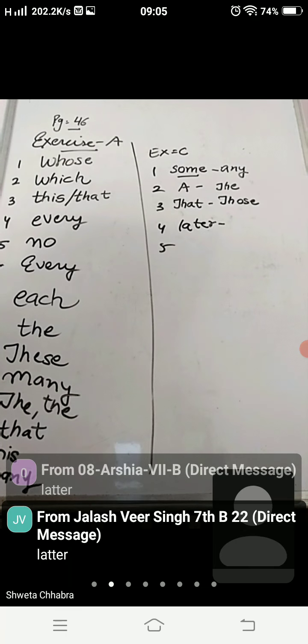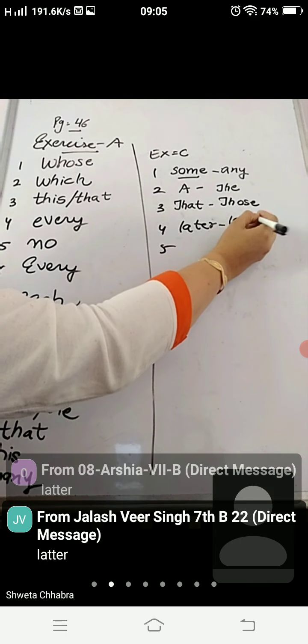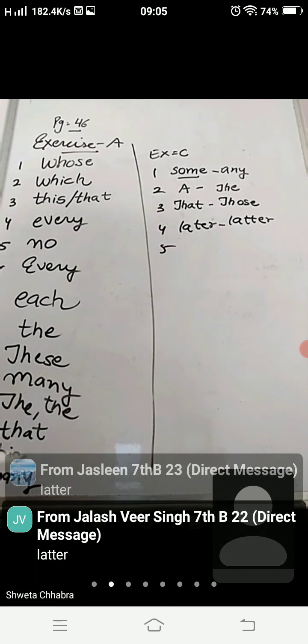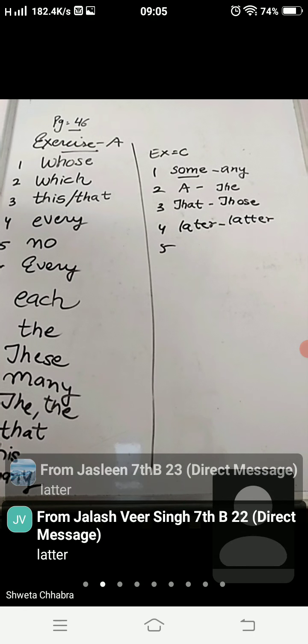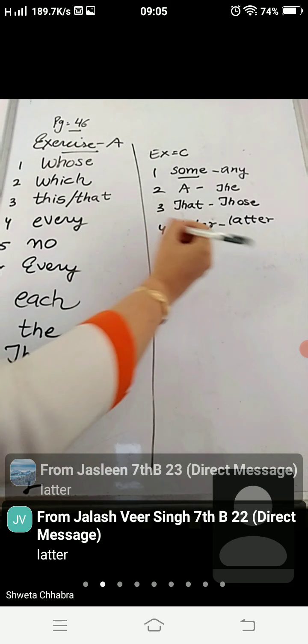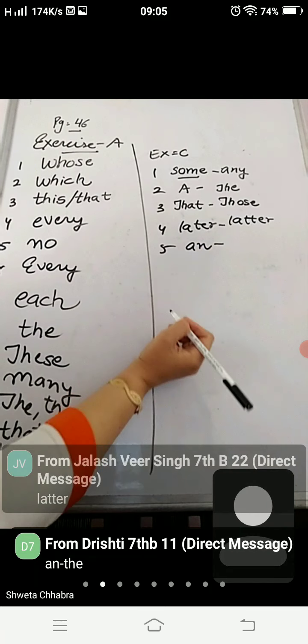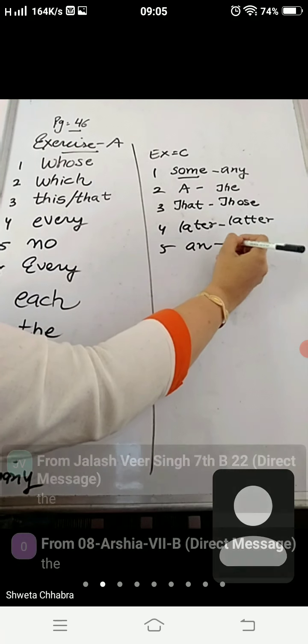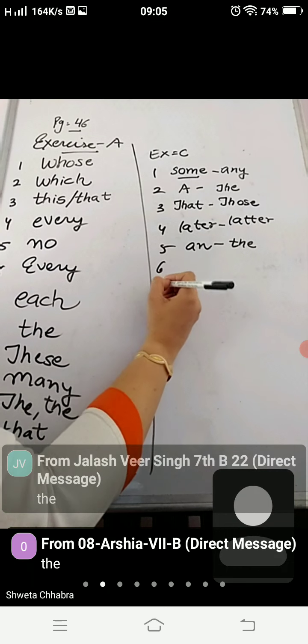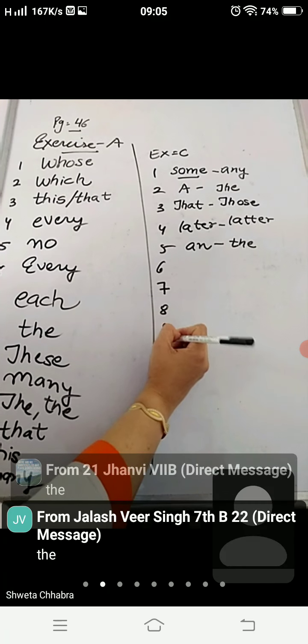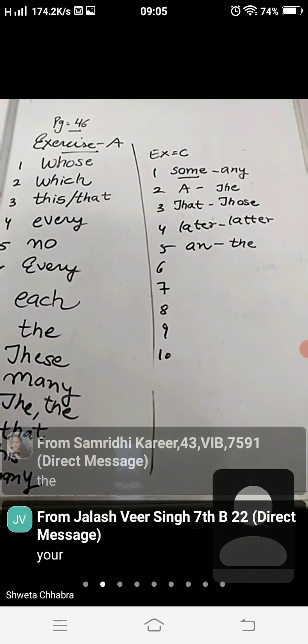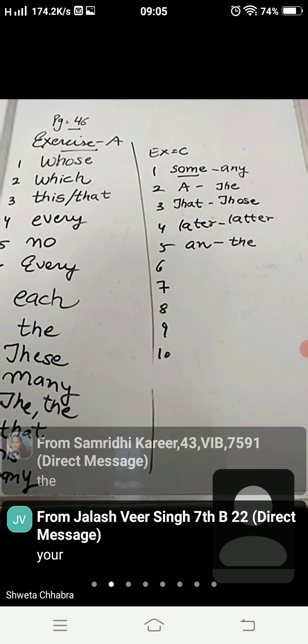What will come in the place of later? Yes, latter part. Miss Austen is an oldest. In place of an, what will come? The. Better. It is a very good practice. We have done these topics so many times. So you just do these exercises to recall all the topics.